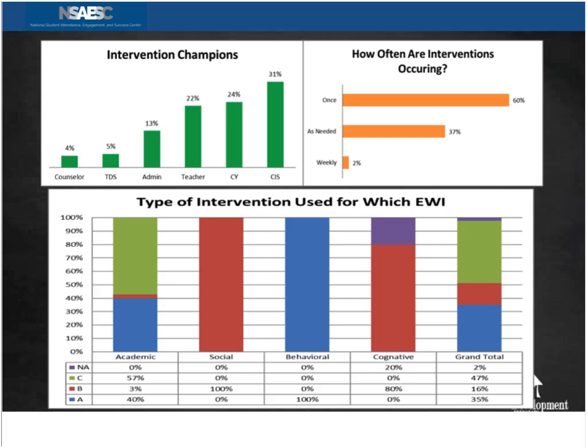Sometimes it looks like the behavior was impacting the academics, so they had to use a behavior intervention to address the academic concern that that student was having. One interesting one is the second bar that you see. It was about social, like what were the social challenges and barriers that students were having, and all of those interventions were associated with behavior.